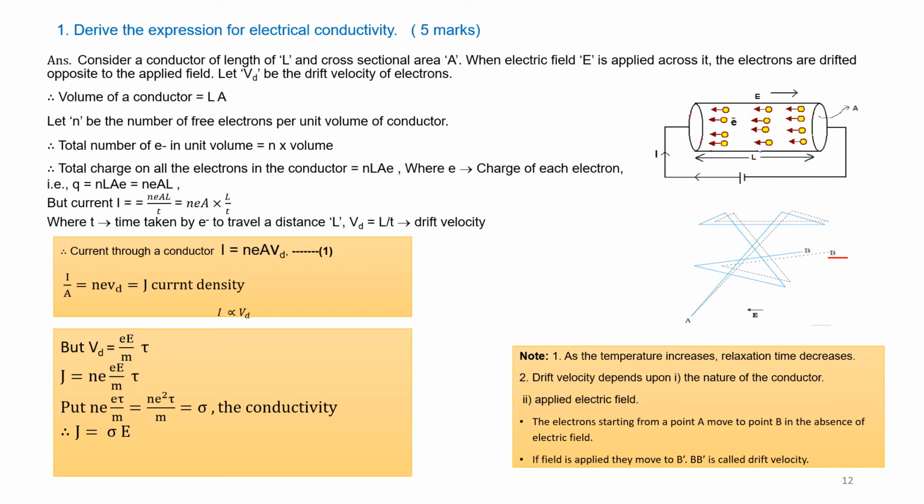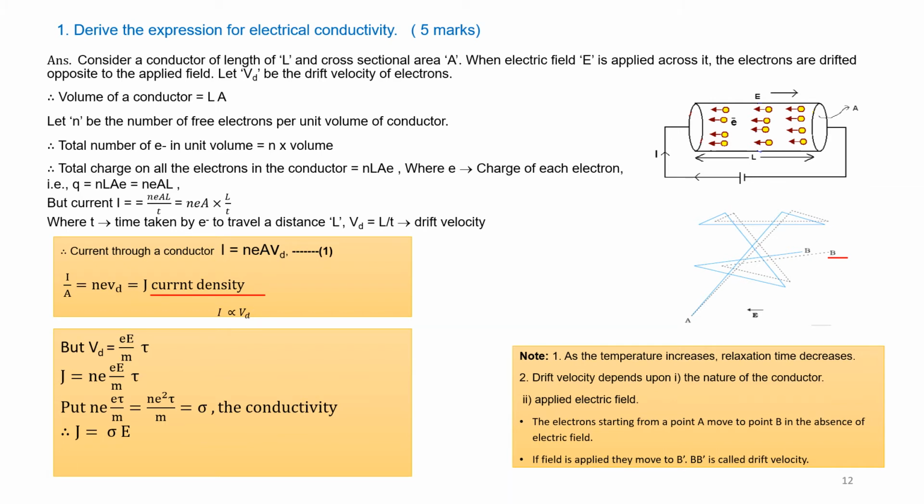Let us go back and calculate the current density. We have proved in this equation I by A is equal to N e Vd. That is the current density. But we know the drift velocity of electrons is given by Vd equals e E divided by m into tau, where tau is the relaxation time, e is the charge, capital E is the applied field, and m is the mass of an electron.